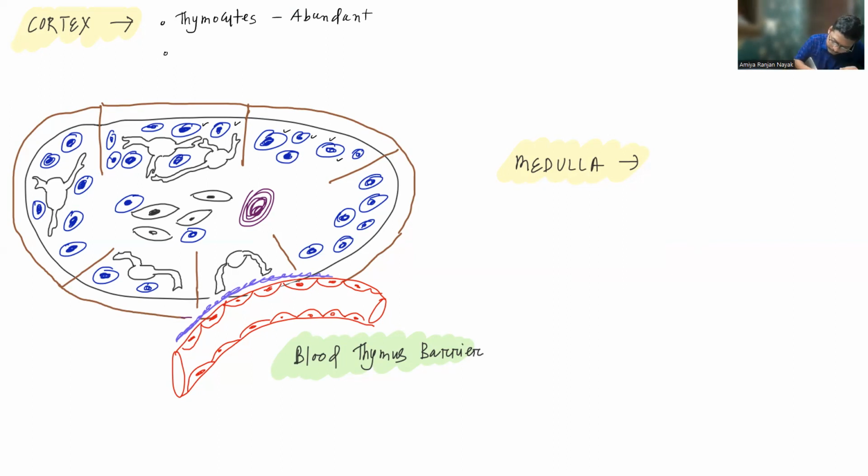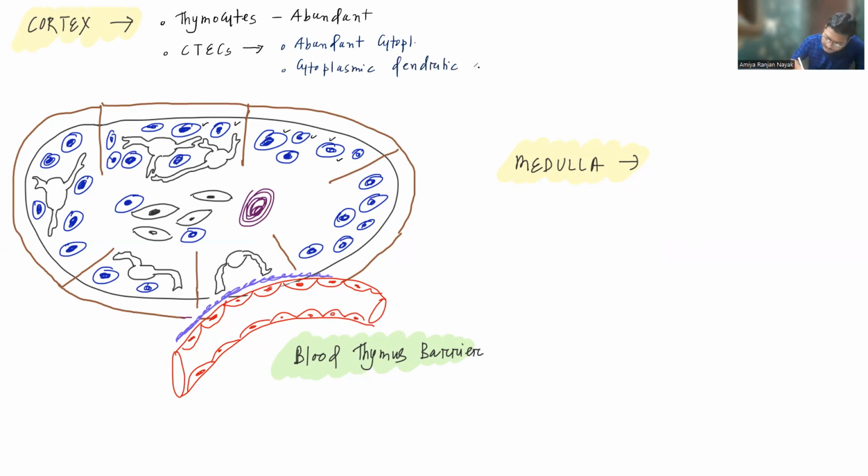Apart from that, they will also have cortical thymic epithelial cells. CTEC means cortical thymic epithelial cells. Now, what are the characteristics of these cortical thymic epithelial cells? These cells will have abundant cytoplasm. Also, they will have cytoplasmic dendritic extensions.